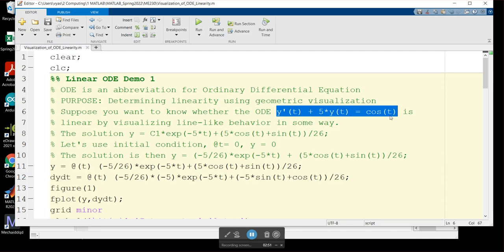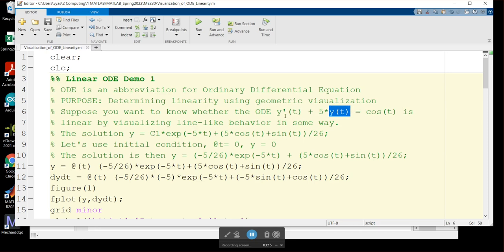For those of us who know it's linear, I'm not going to explain why it's linear. As I said, the purpose of this video is to show by verification, by plotting, that it is linear. Here's the reasoning that I'm going to employ: think of this as one variable. dy/dt is one variable, y of t is another variable.